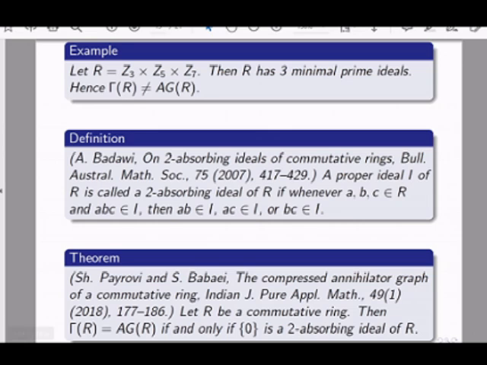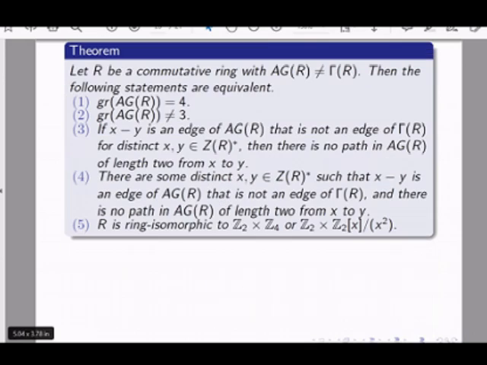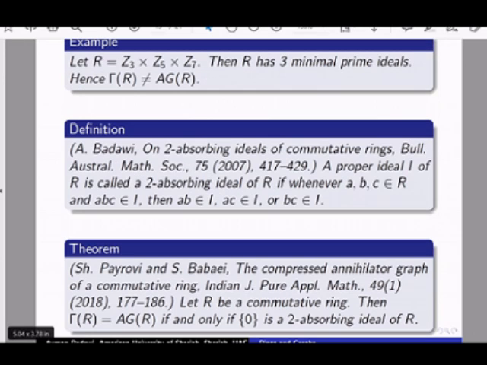I was amazed when I saw this result in 2018, a complete answer to a question on a graph, by also Iranian mathematicians. In 2018, they gave that the annihilator graph is the same as the zero divisor graph if and only if 0 is a two absorbing ideal of R. Wow, that's a very beautiful result.